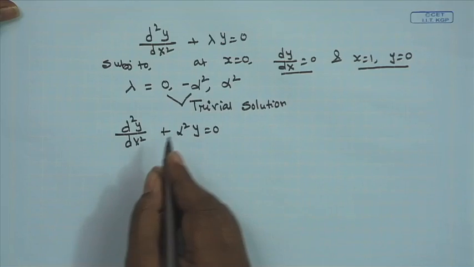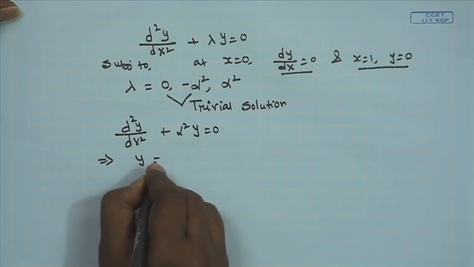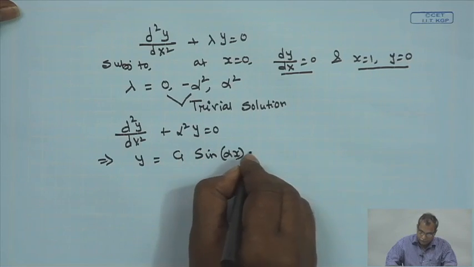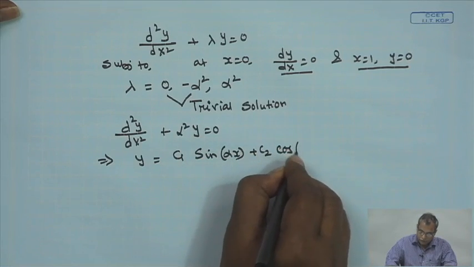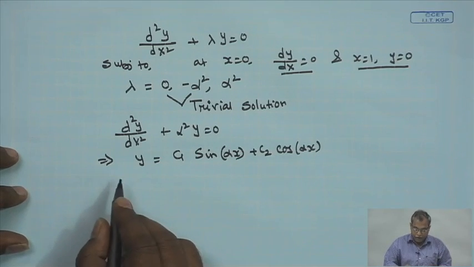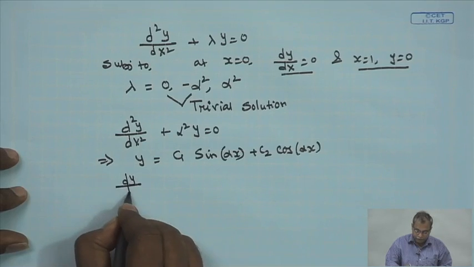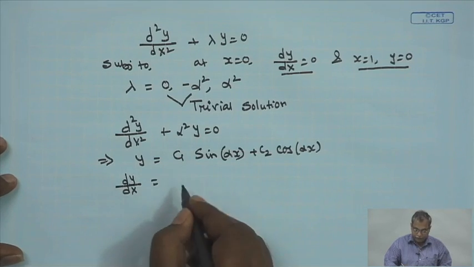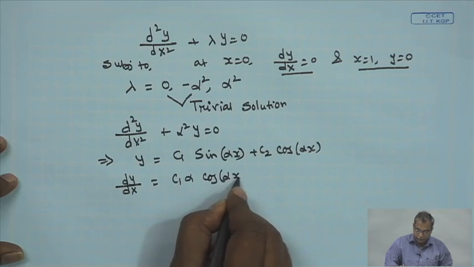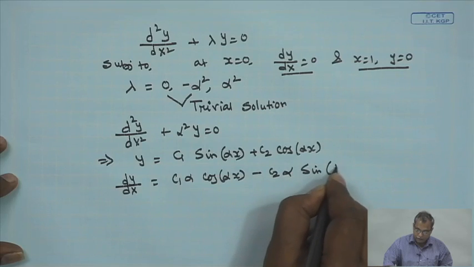y equal to 0, and as we know this has a solution y equal to c1 sin alpha x plus c2 cosine alpha x. Now, let us write down the first boundary condition, dy dx equal to 0 at x equal to 0. Taking the derivative of y with respect to x, this becomes c1 alpha cosine alpha x minus c2 alpha sin alpha x.